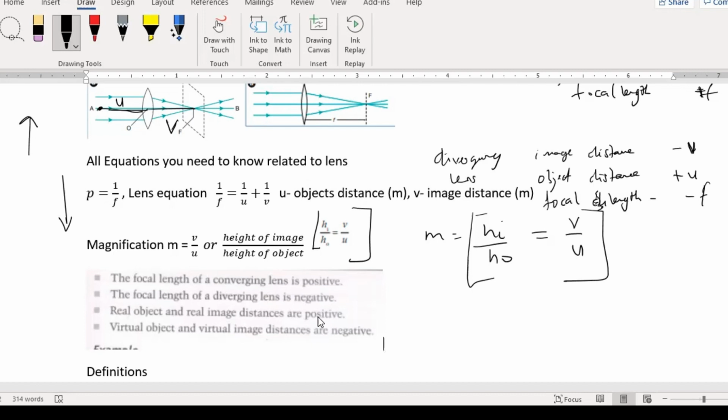So in the case that it is a converging lens and we get a virtual image, then we consider that distance to be negative. The image distance or the image height will be negative. However, the object's distance will be positive because it's a real object. If it's a real image, those are considered to be positive values.